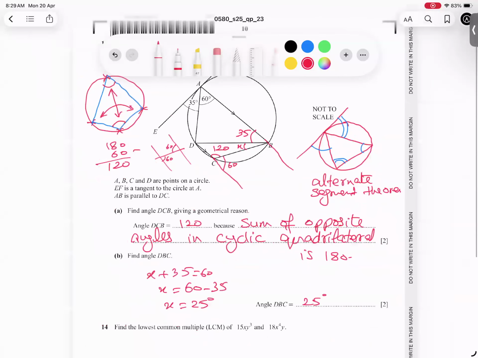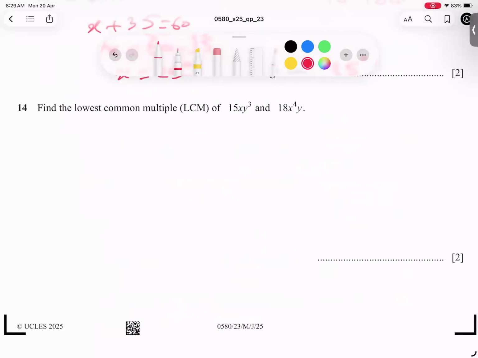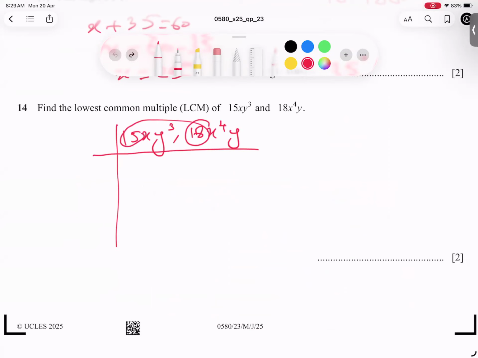Below we have one question on LCM. I gave an idea before, so I think it's not a hard job for you. 15xy cubed and 18x to the power 4 y. This is a very favorite kind of topic for exams. 15 and 18 are both divisible by 3: 3 fives and 3 sixes. The remaining values stay as they are.